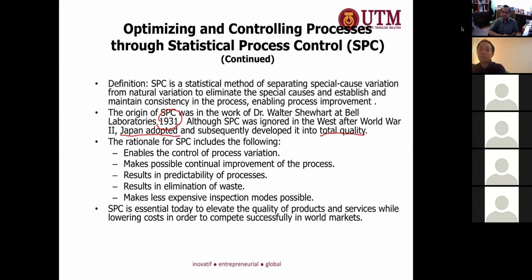So why do we use SPC? This is the rationale. First, the process variation. We want to control the process variation. Then when we know the variation, definitely from statistics, we know the variance.